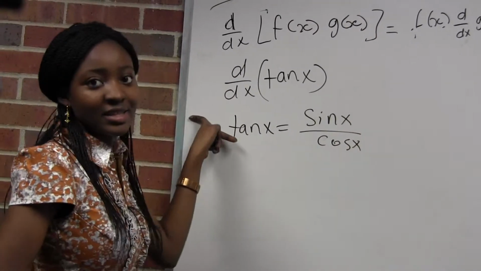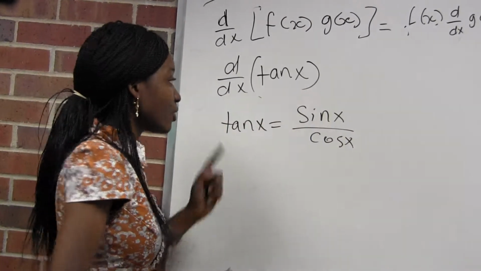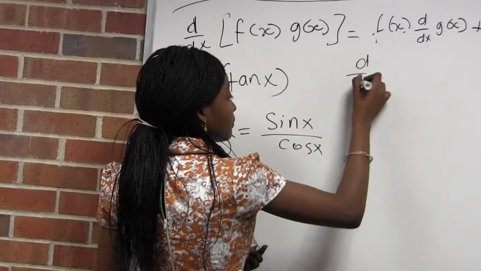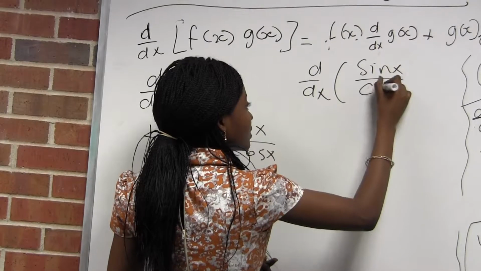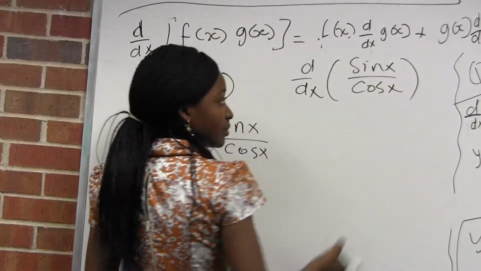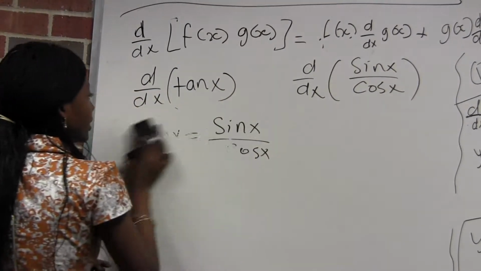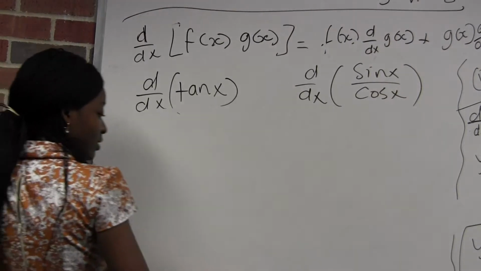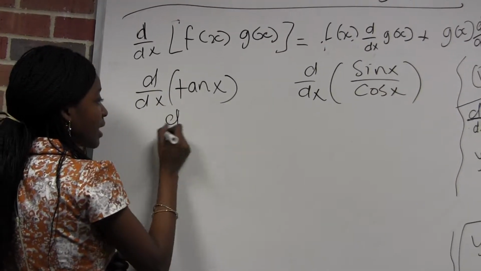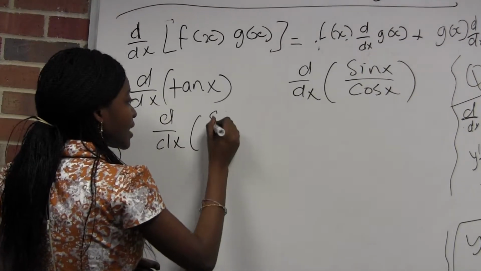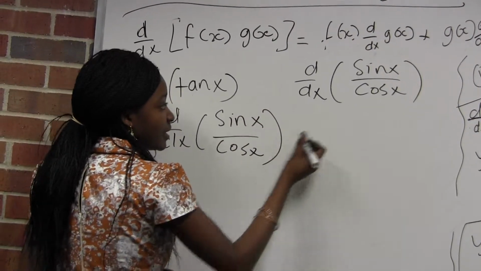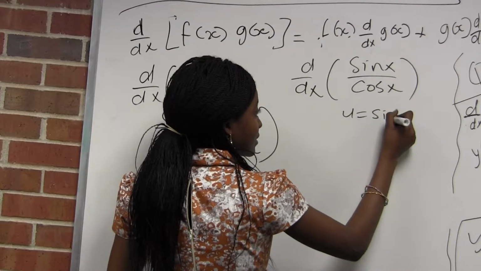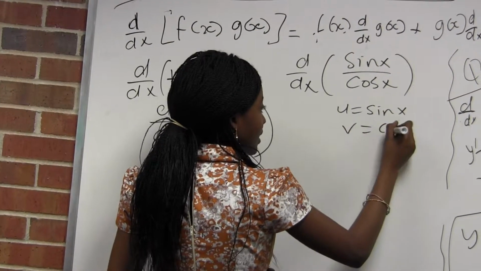So if I want to find the derivative of tangent x, I want to find the derivative of sine x over cosine x. Right? So that's going to give me d dx of sine x over cosine x. Now my u is sine x, my v is cosine x.